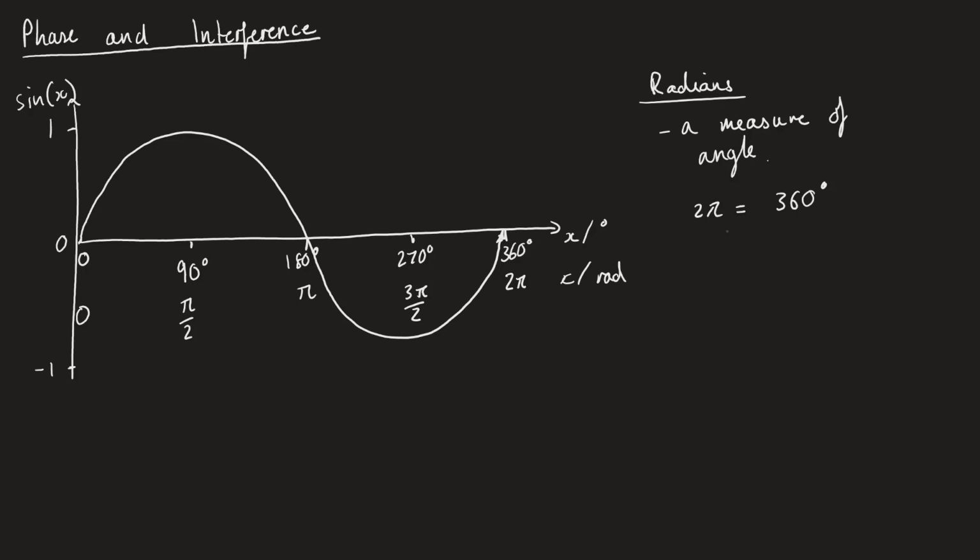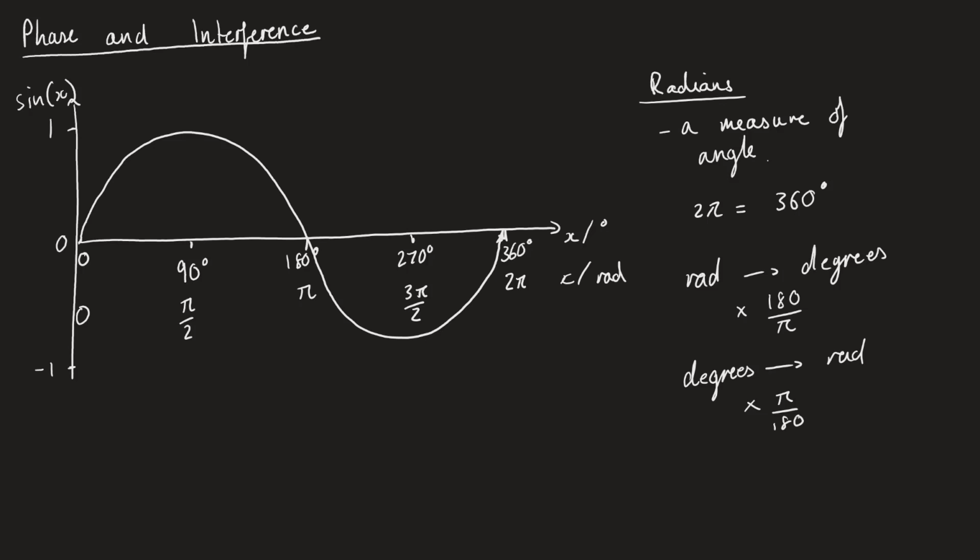If you wanted to go from radians to degrees, you would multiply by 180 over pi. And if you wanted to go from degrees to radians, you would multiply by pi over 180. Okay, so this is just extra information if you prefer to work in degrees, but I would say always try and remain in radians as best you can.